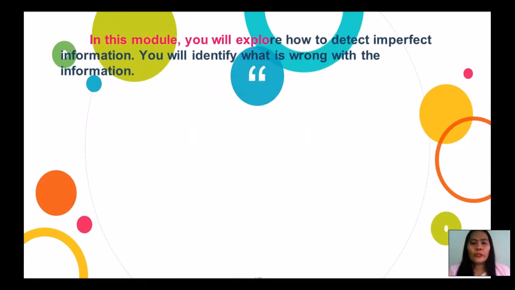In this module, you will explore how to detect imperfect information. You will identify what is wrong with the information.